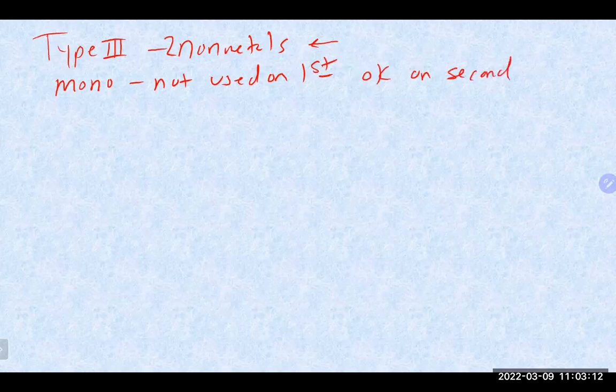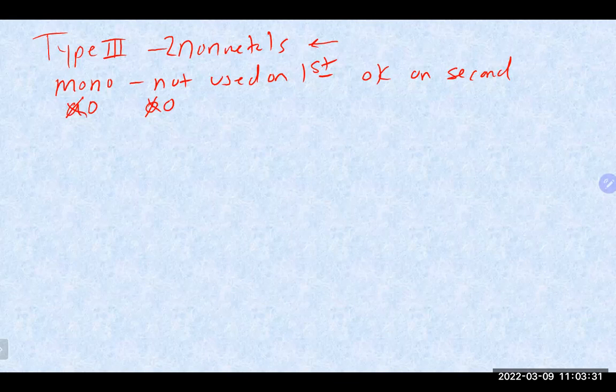And the other major thing that occurs with type 3 is we sometimes get a couple of vowels that back up to each other, one from the prefix, one from the element. In the case of an A and an O or an O and an O, we typically will get rid of the vowel that comes from the prefix.